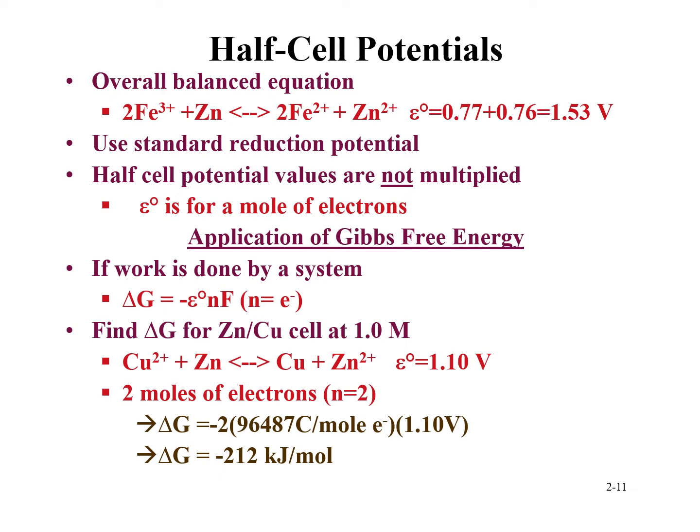So as an example, copper plus zinc going to copper metal plus zinc ions, that potential is 1.1 volts. It's 2 electrons. So we can use this to evaluate the Gibbs free energy of the system. Knowing the Gibbs free energy, we can evaluate enthalpy, entropy, and complexation constants.